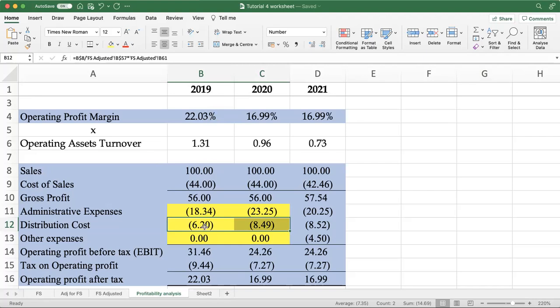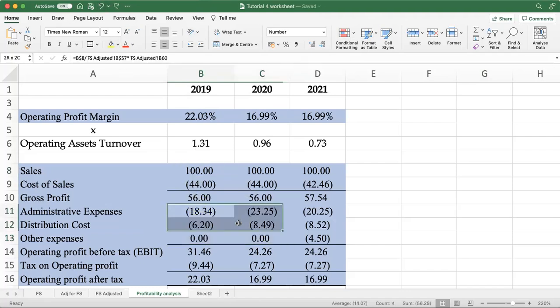In 2019, as a percentage of sales, it's 6.2. In 2020, it's 8.49. So distribution cost increased. Right.